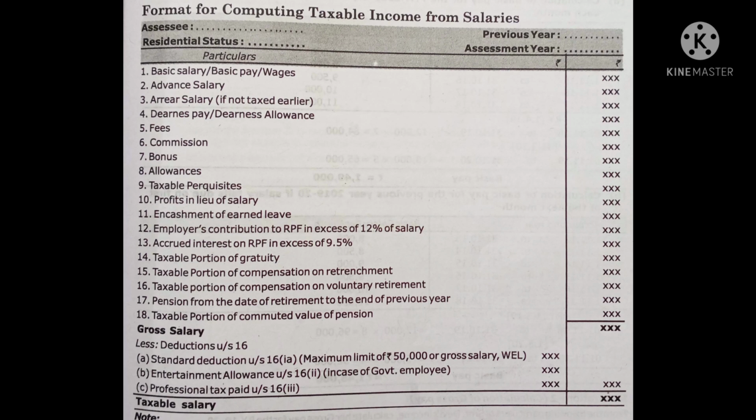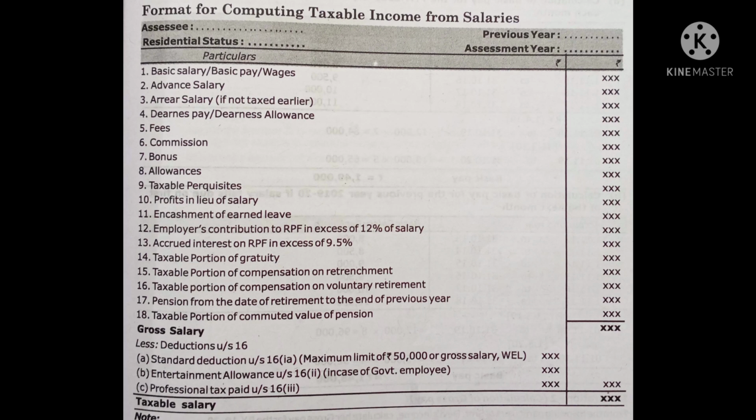Then entertainment allowance under section 16 subsection 2 in case of government employees only. Entertainment allowance will be provided as a deduction only for government employees. For private employees, the entertainment allowance deduction cannot be taken. You have to remember that.